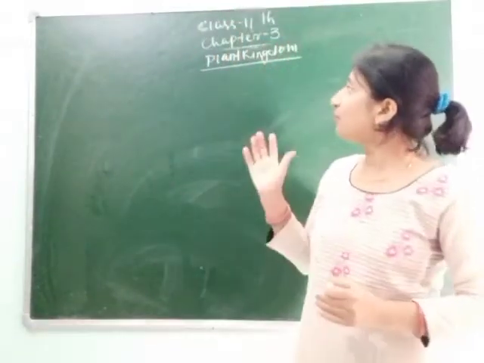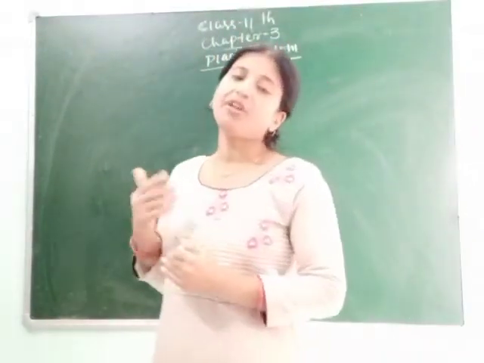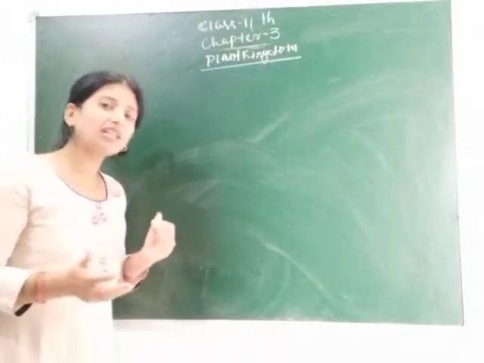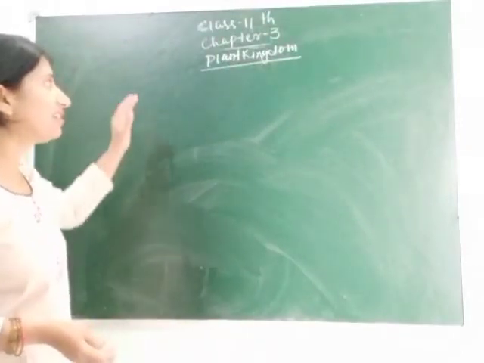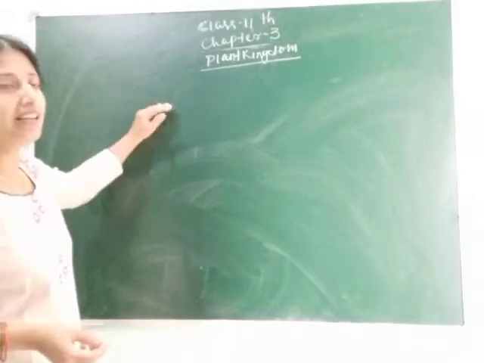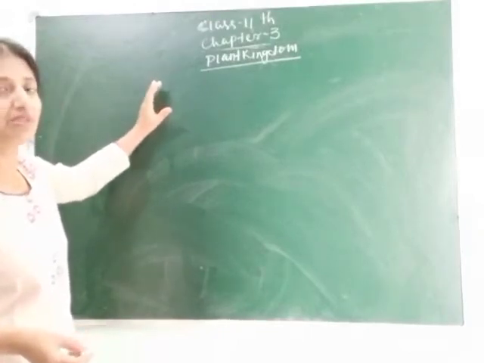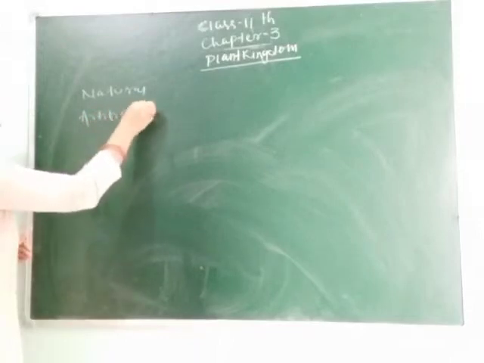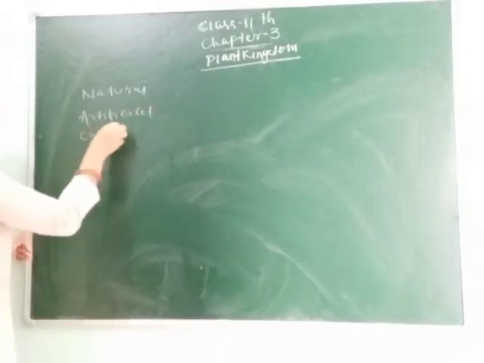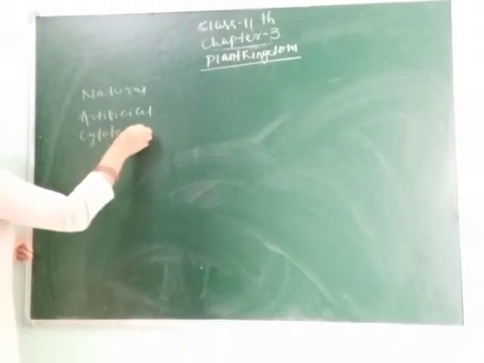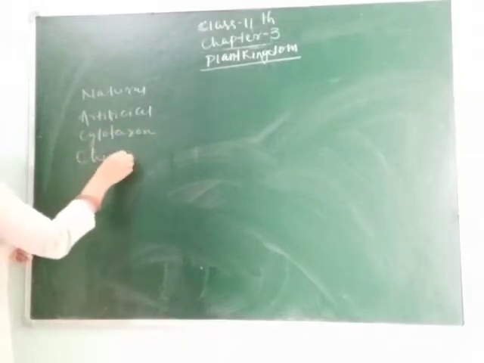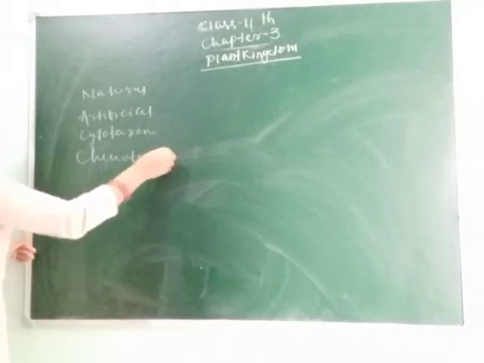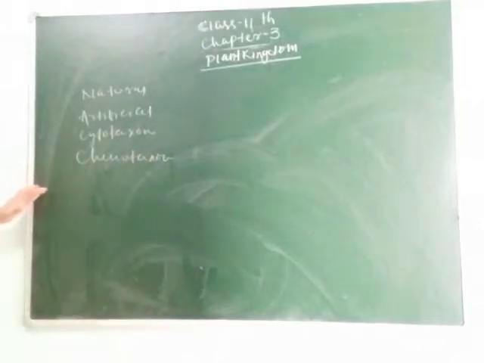Before we study this topic, we know that in the second chapter, biological classification, we saw how classification was done. Here the plant kingdom is classified on the basis of different systems, meaning the natural classification system, then the artificial classification system, then cytotaxonomy, then chemotaxonomy, etc. These are the classification systems.